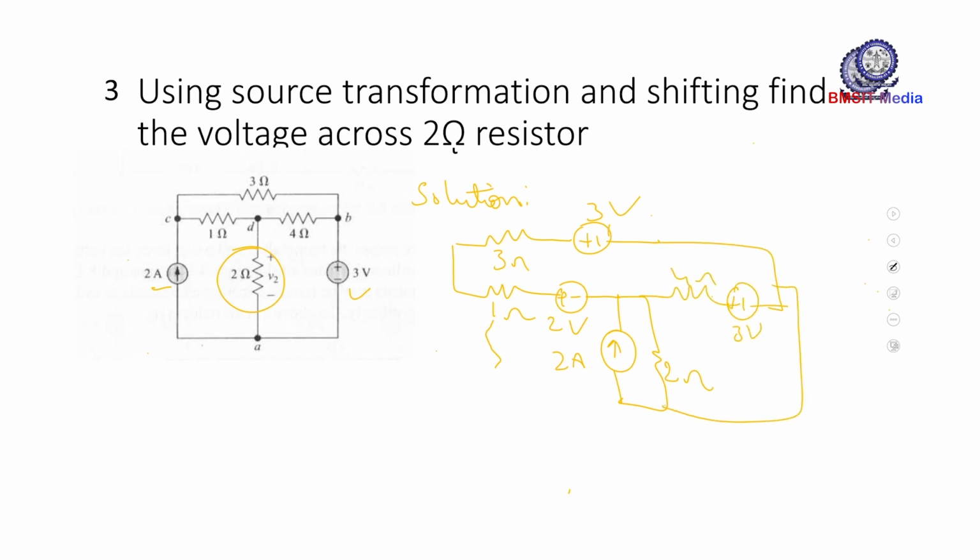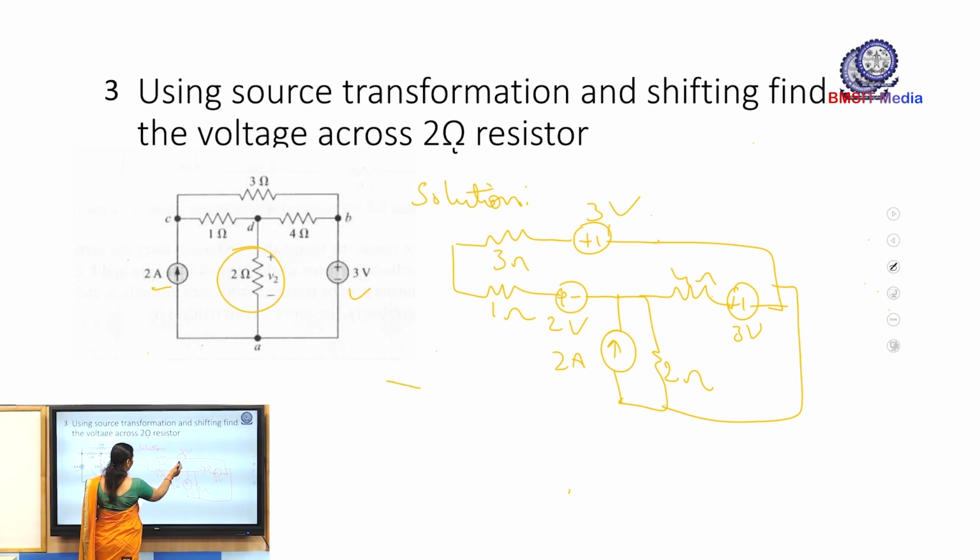Okay, so in the next step again these two are in series, so we can combine. 3 ohms and 1 ohm are in series, we can combine. Again the 3 volts and 2 volts sources we can also combine. So look at the polarities, both are in opposite polarity. So whichever source has the highest value, that polarity will be retained.